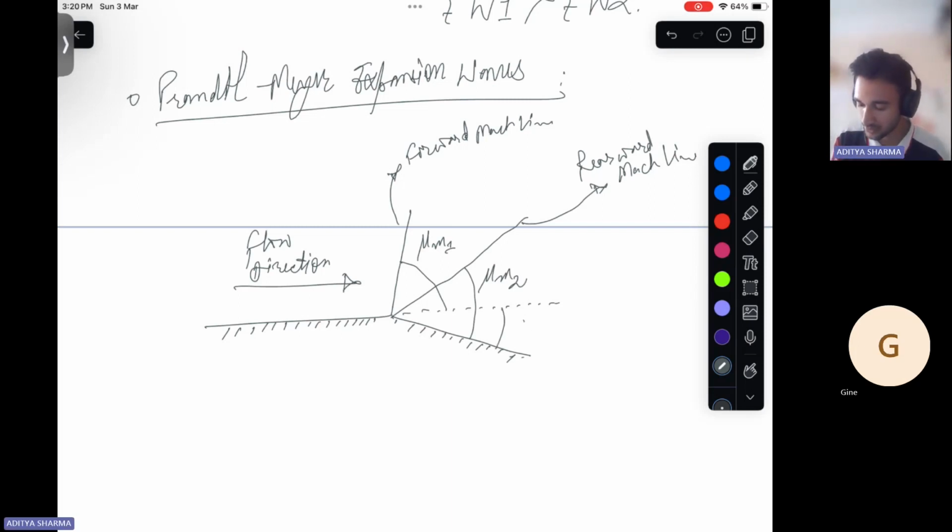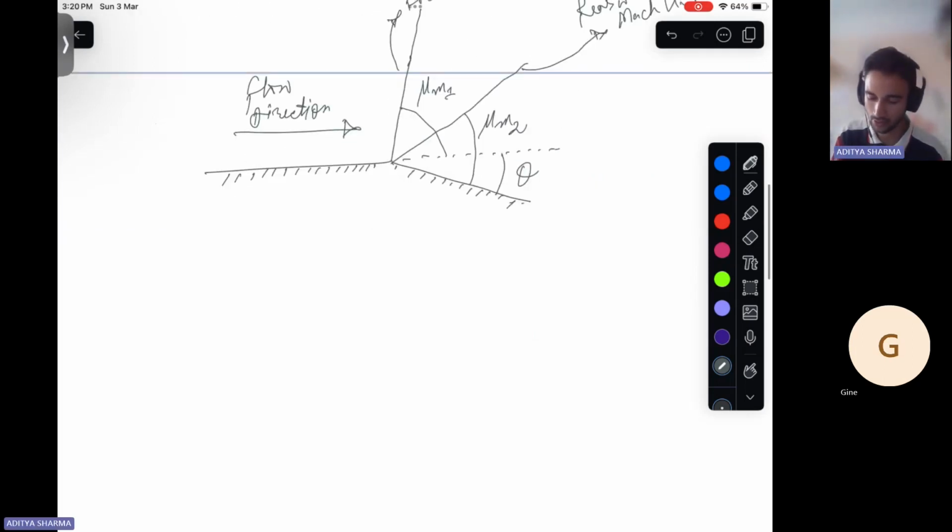And this angle is your deflection angle. So the angle with which we are deflecting our flow is that theta, right? And the others are mu M1 and mu M2. Other than that, there is one more angle, which is the fan angle, right? I'll just draw another diagram.